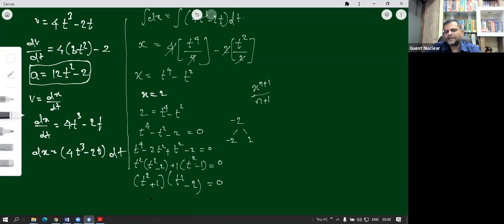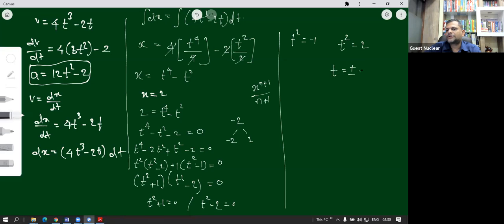So either t² + 1 must be 0 or t² − 2 must be 0. Now t² + 1 = 0 means t² must be equal to −1, which is not possible because the square of any number is never negative. So t² can be equal to 2, and it gives t = ±√2.